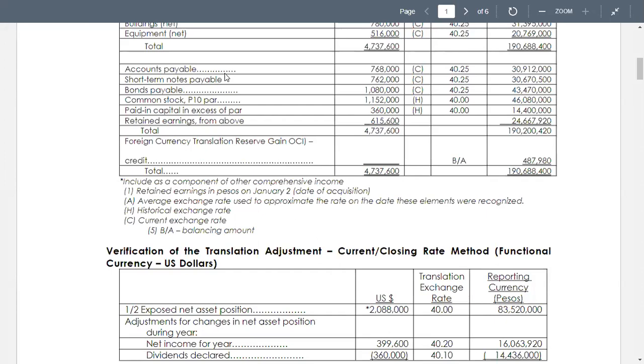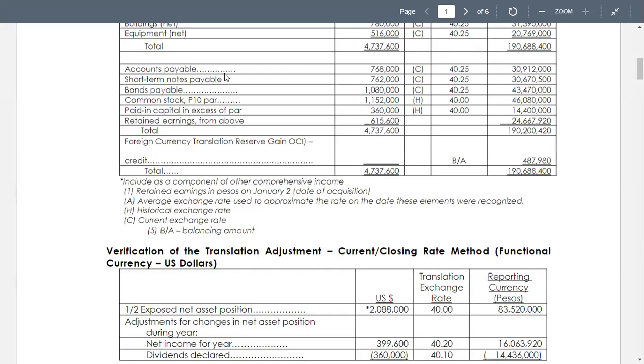So in other words, only those that are carried at past exchange prices are translated to the equivalent number of pesos on the date of the transaction.